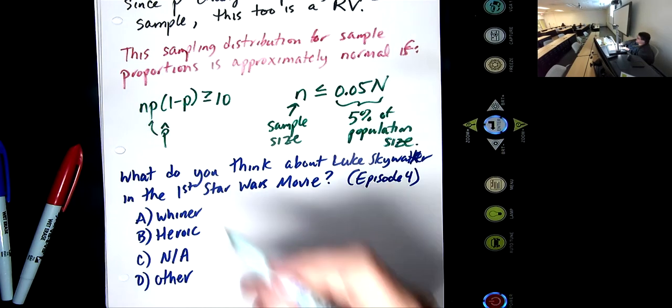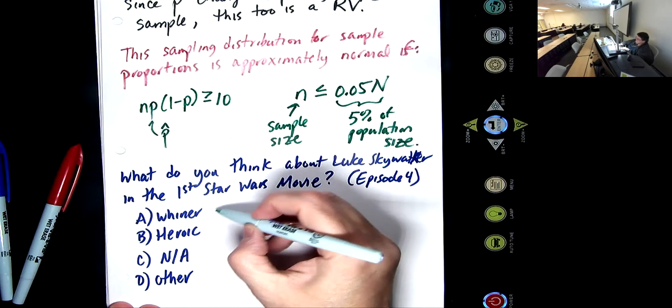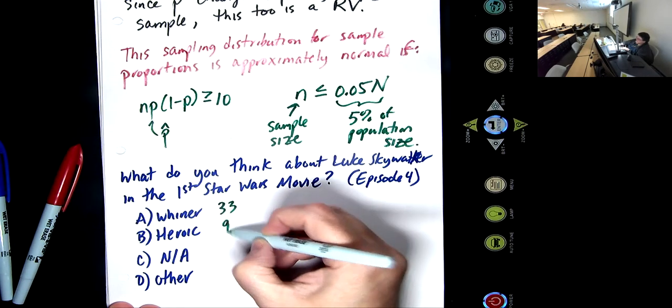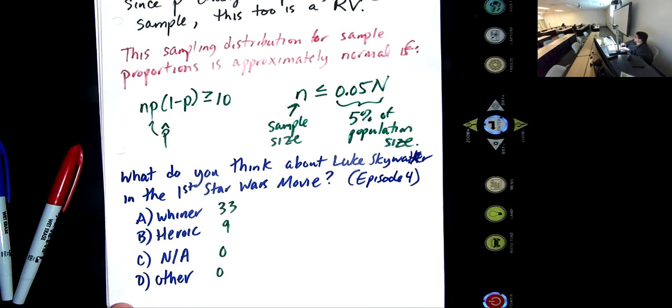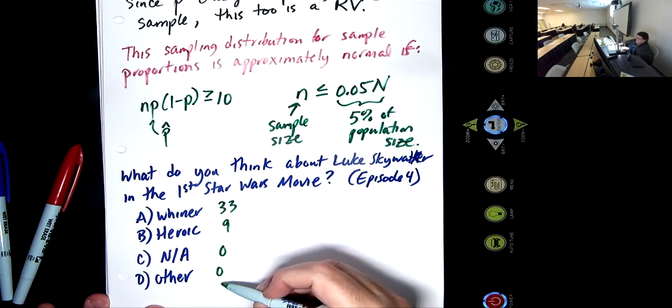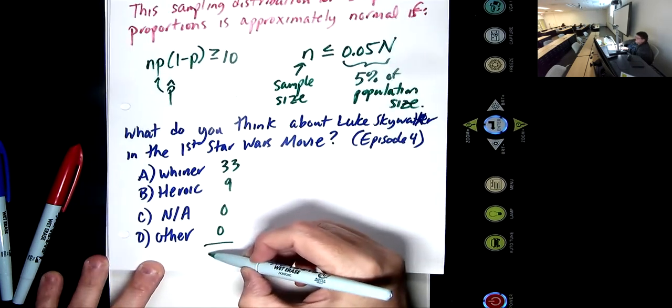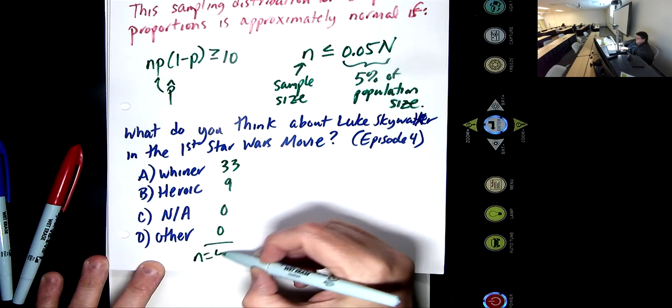33 people said he was a whiner. 9 people said he was heroic. The other 2 were 0. So my N was 42, if I add those up.